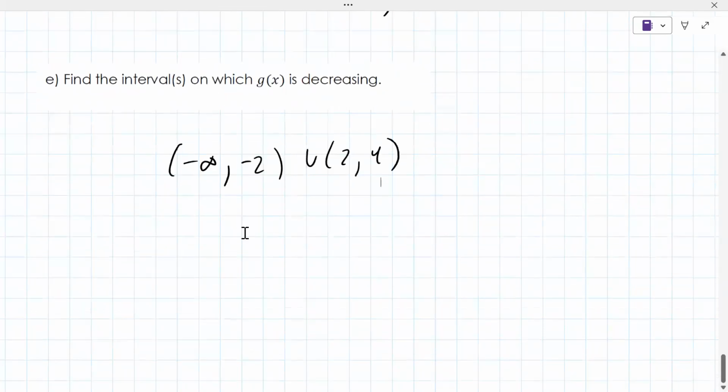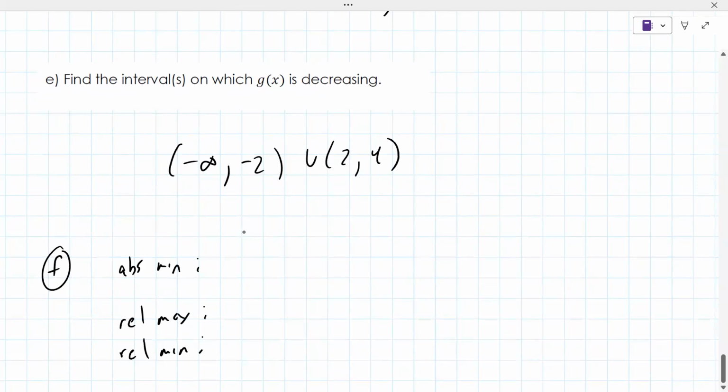Right. And so for part F, there is an absolute min, a relative max, and then a relative min. The absolute minimum would be 2, -11.25.